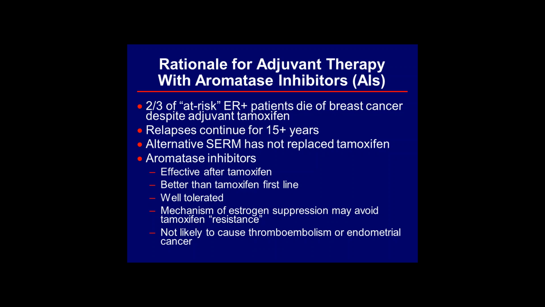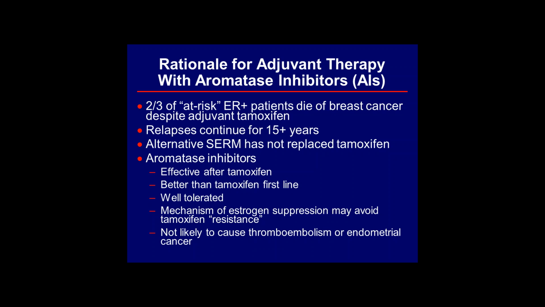However, a different class of drug was developed, which is the aromatase inhibitors. Aromatase inhibitors work differently than tamoxifen. Tamoxifen looks like estrogen at the breast cancer cell level and binds to the estrogen receptor as a competitive inhibitor of estrogen. Aromatase inhibitors work by reducing the amount of estrogen that's in the body after menopause, which is created by converting testosterone into estrogen by an enzyme called aromatase.